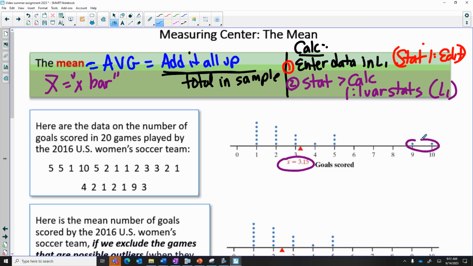Now, please note that the average got pulled up in the direction of the skew. Because this was skewed to the right, the mean got pulled to the right. Most of the time, the U.S. women are scoring 1 to 2 goals per game, but because that average got pulled up by those outlier games, it's not really representing the truth of what they're scoring per game.